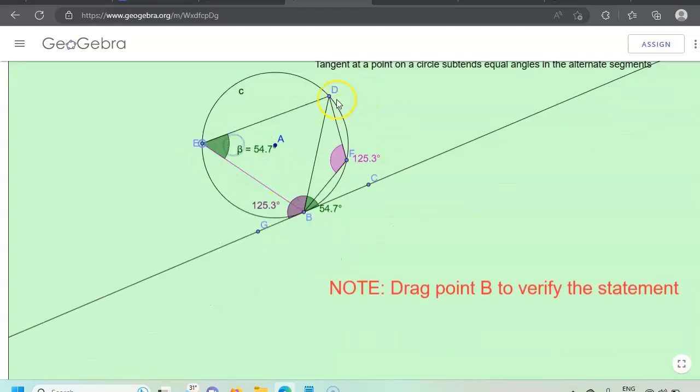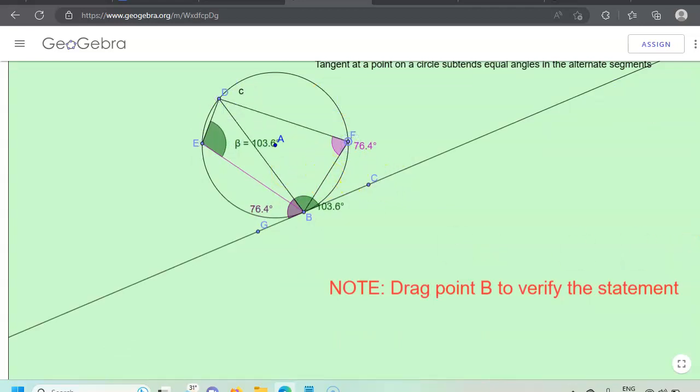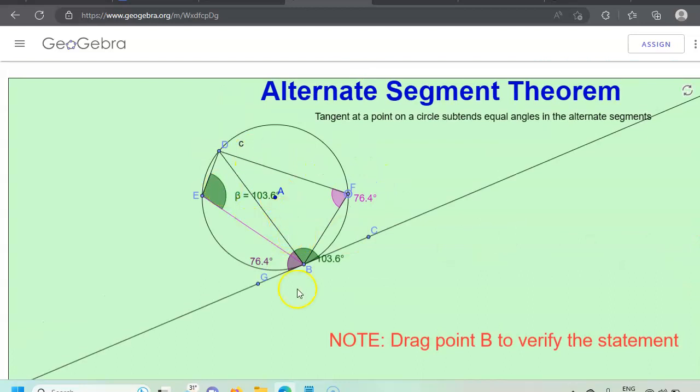Okay, and then we moved the chord DB. So again, we have chord DB dividing the circle into two parts, the right segment and the left segment. Now, the angle formed with the chord DB and the tangent line is at the left side, and the measure is 76.4, the violet one.